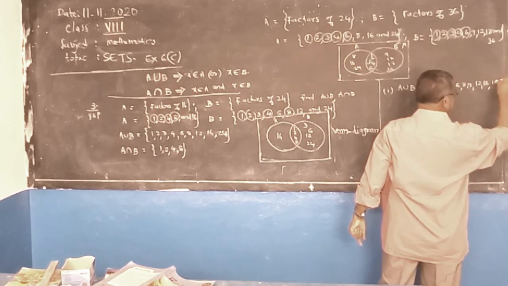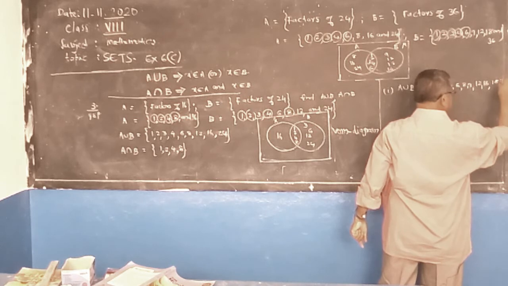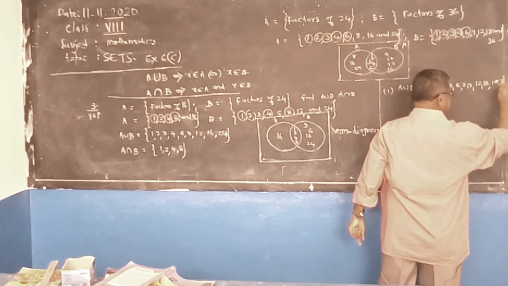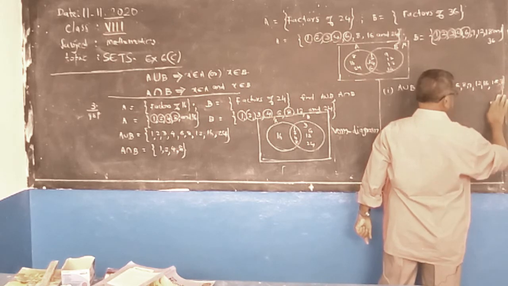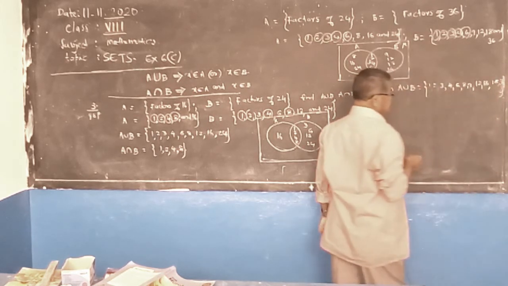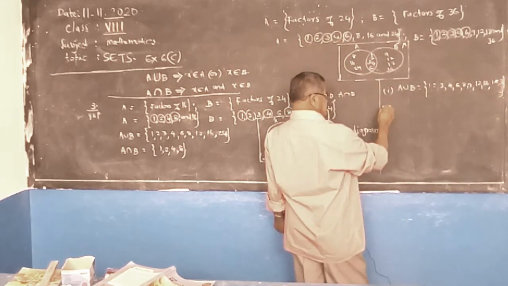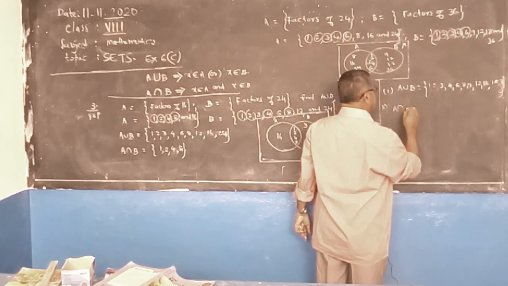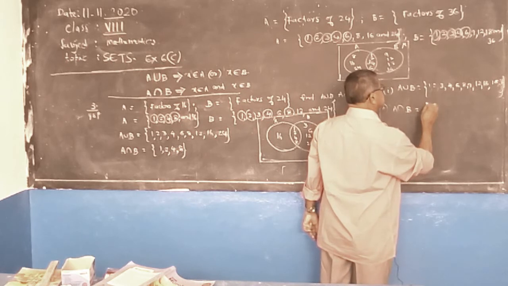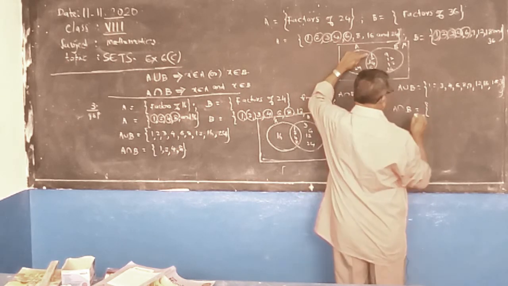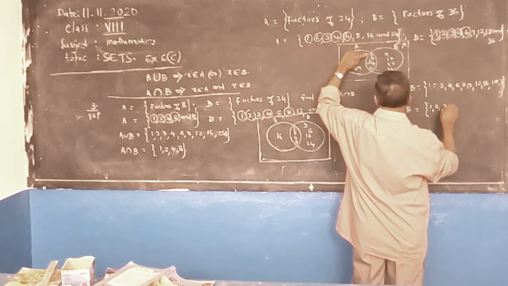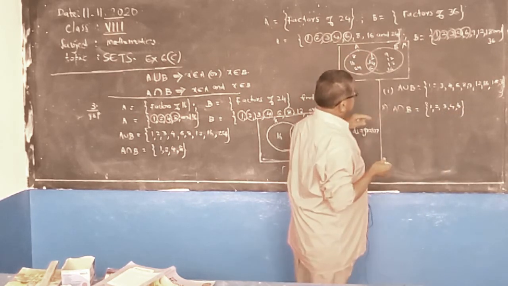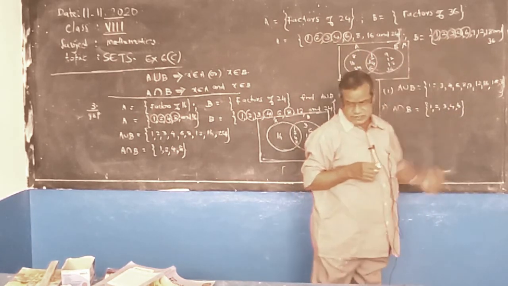These are the elements in union. And in A intersection B, write only common elements. What are the common elements? 1, 2, 3, 4, 6. Here there is 8, but there is no 8 in the other set.